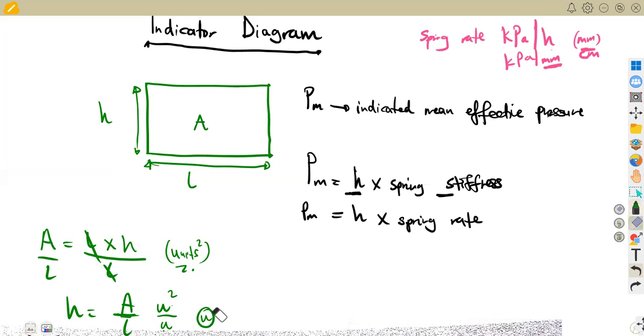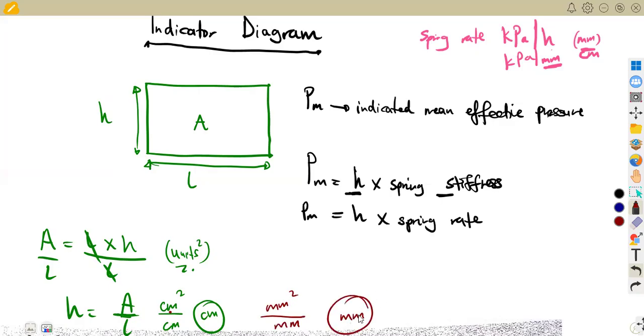So what am I trying to say? If this area is in square centimeters, you must use your length also in centimeters so that you obtain the height in centimeters. If this is in square millimeters, your length must be in millimeters so that your height will be in millimeters.